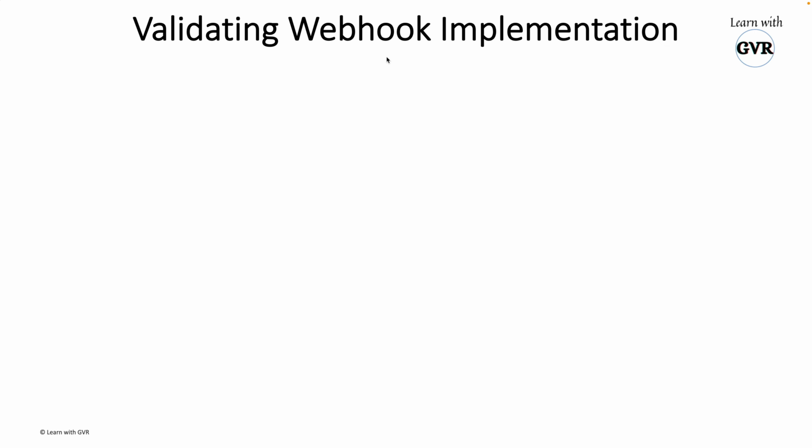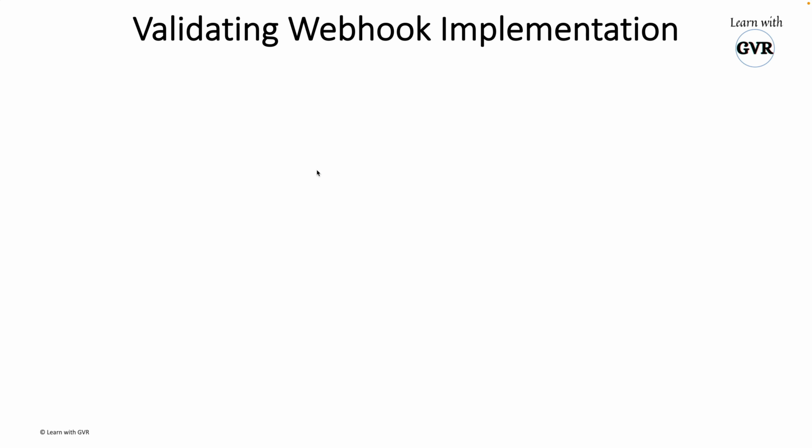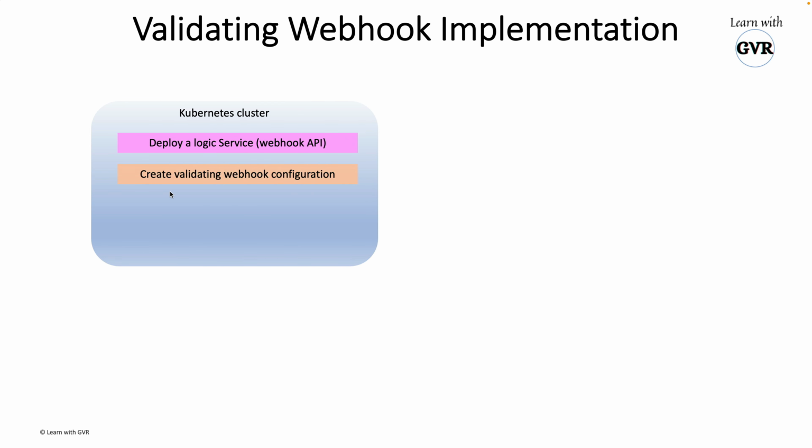Now, for the validating webhook, how do you implement this earlier? If it is a Kubernetes cluster, first you deploy a logic service, which is nothing but a webhook. Then second, create a validating webhook configuration. Yes, of course, you have to create a configuration. Then enable it in the kube API server.